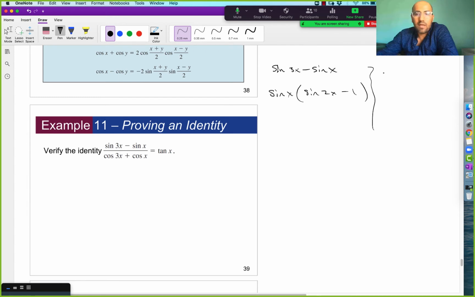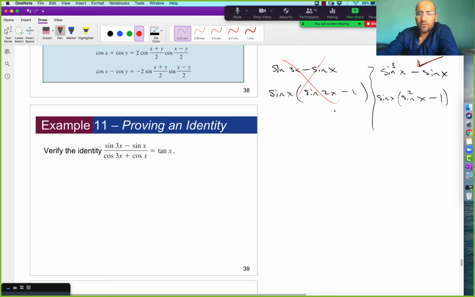So this is commonly mistaken for this one, sine cubed of x minus sine of x. This one you can factor out as sine x times sine squared x minus 1. So this one is okay. This one is gibberish. This one's good. This one doesn't make any sense.